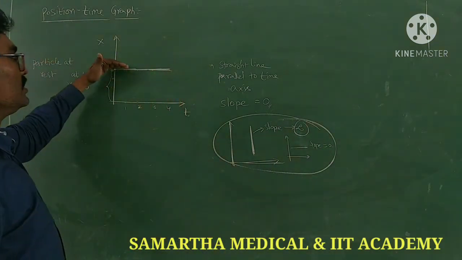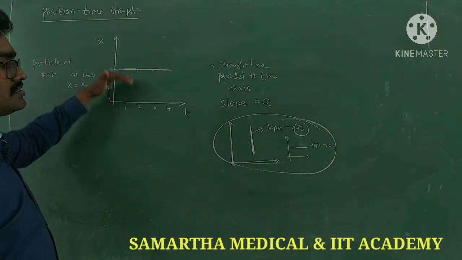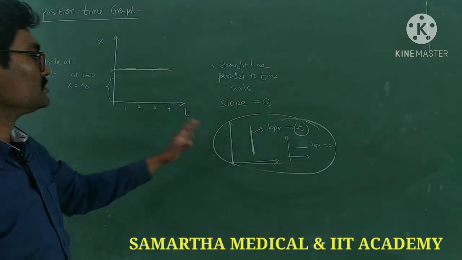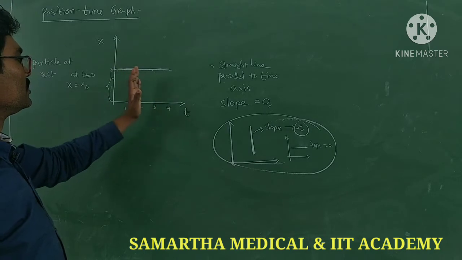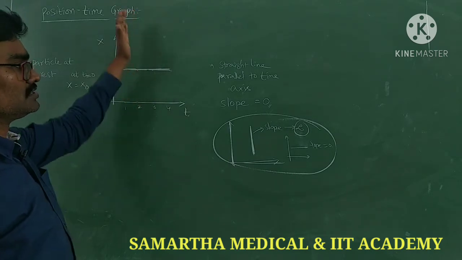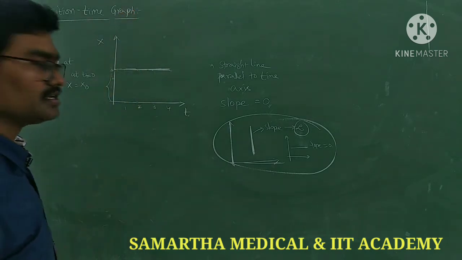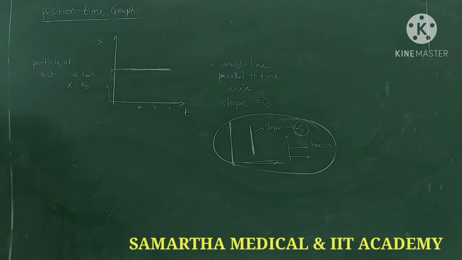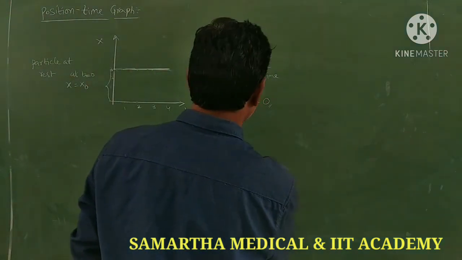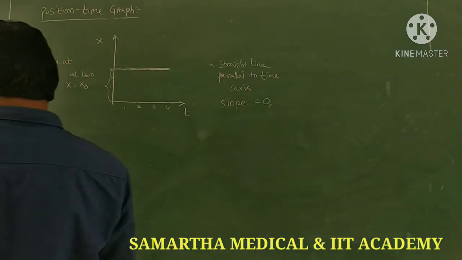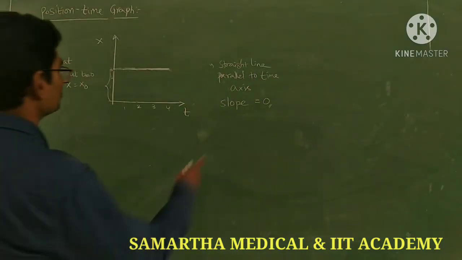Here, since the line is parallel to the x-axis, the slope is 0. If I take time here and position here, then the straight line comes like this. In that situation the slope is infinity, right? Like that.